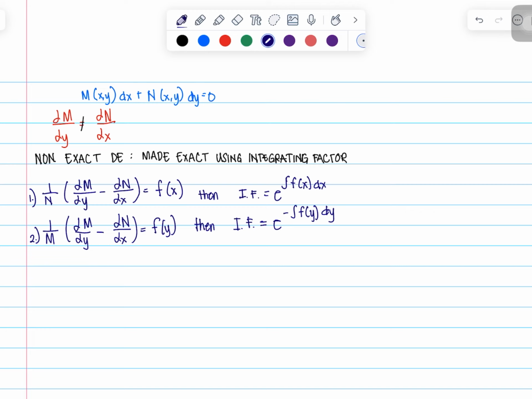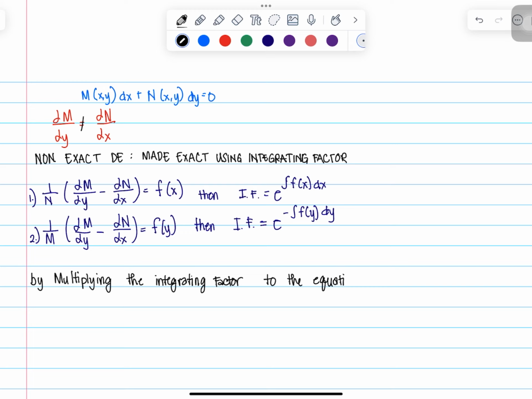All right. Now, by multiplying the integrating factor to the equation, it makes the non-exact DE become exact.